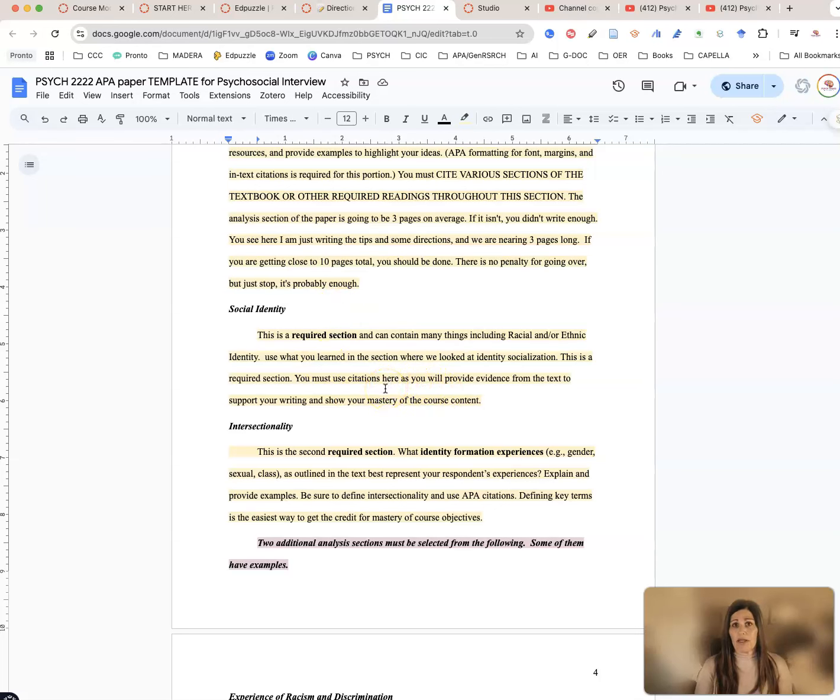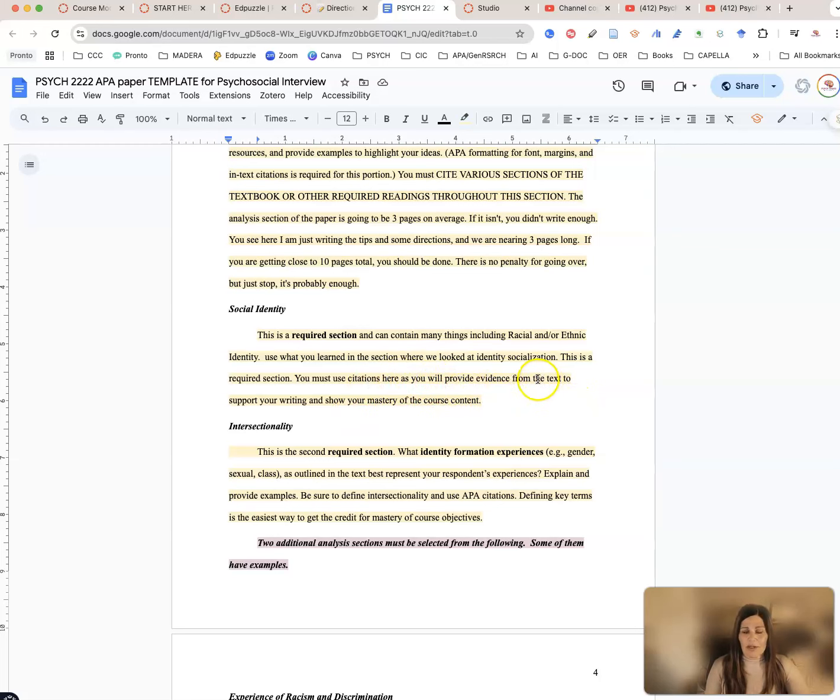So remember, when you introduce any kind of topics, concepts, theories, you want to summarize it in your own words and then put a citation. Minimize your use of direct quotes. Paraphrase instead. Put it in your own words. I don't like to see a lot of direct quotes because that doesn't show me that you understand what it is. It just shows me you can kind of copy and paste it, right? So paraphrasing is like the king, okay, or queen, right?